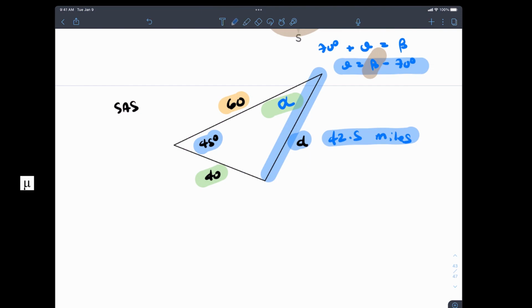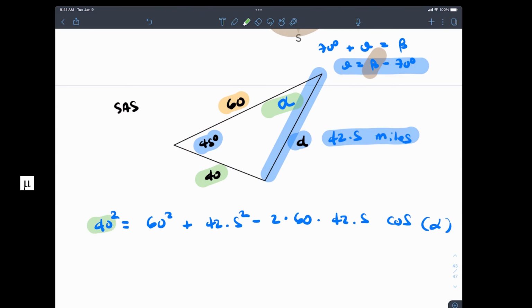Remember this? Here's how I get a grip on it. Opposites. Is that right? Isn't that 40 squared equals what? 60 squared plus 42.5 squared minus 2 times 60 times what? 42.5 times the cosine of alpha. Okay? Remember, 40 and alpha.